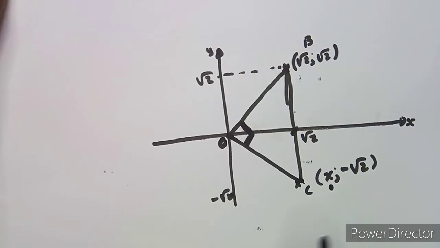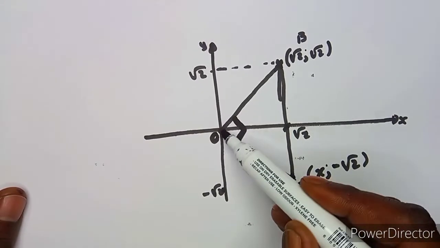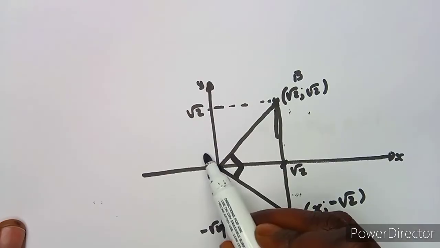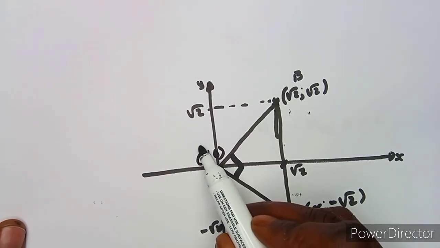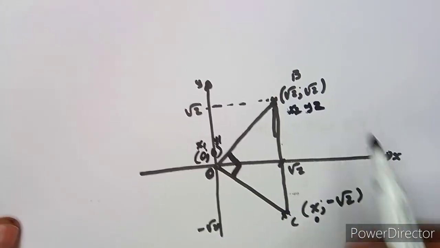So in this case, we have to find an expression for the gradient of line OB and line OC. The point O is 0, 0 there. So remember gradient, guys, x1, y1, x2, y2.